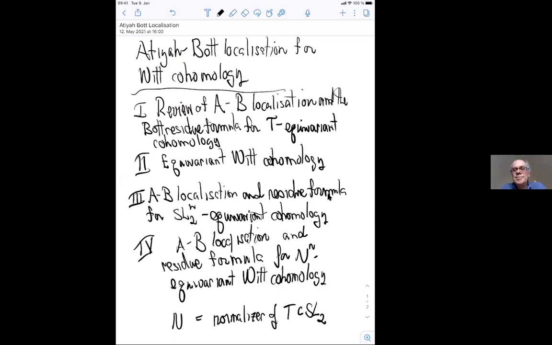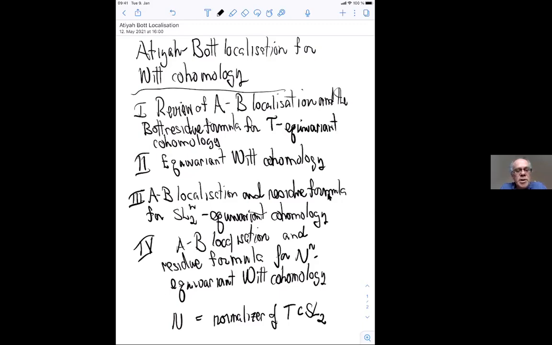Thanks. Hello everyone, thanks for joining. So the basic idea is, Atiyah-Bott localization and the Bott residue formula is a very useful tool for making computations of characteristic classes when you have a torus action, especially when the torus action has finitely many fixed points on your variety.